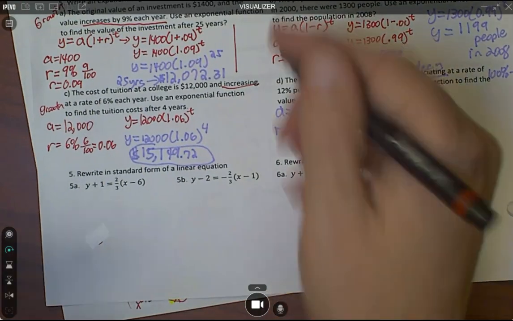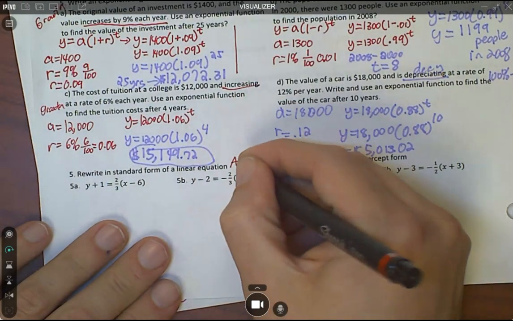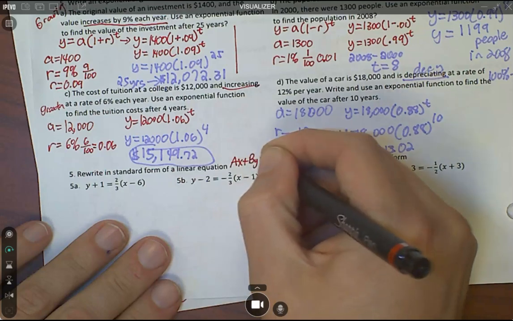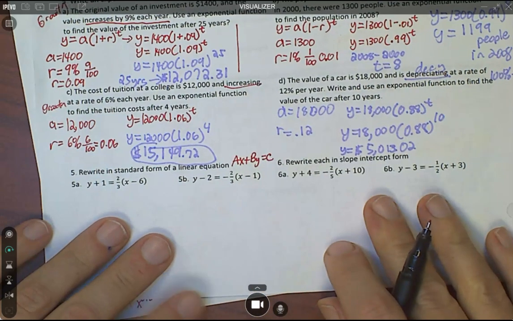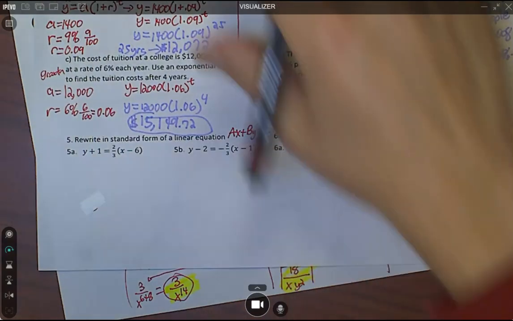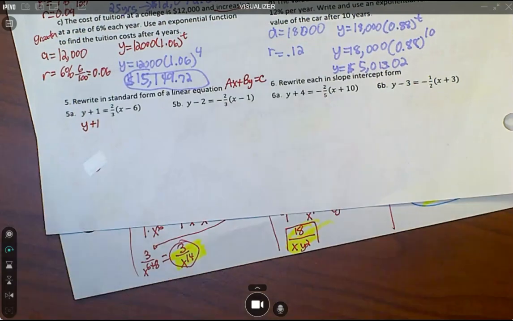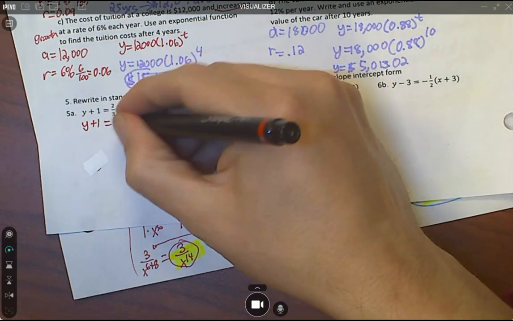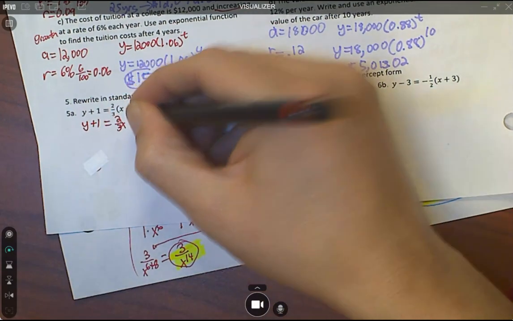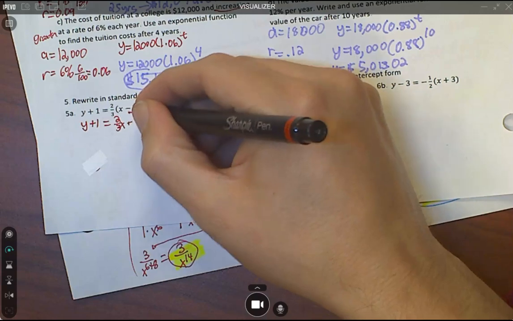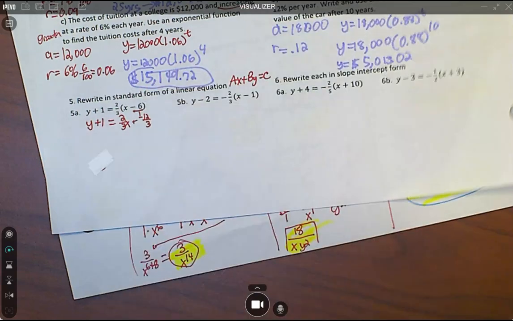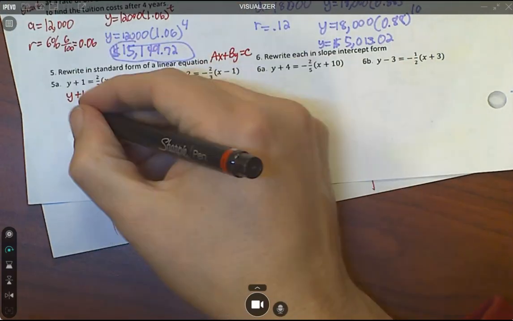What is standard form, you ask yourself? Ax plus By equals C. You still distribute that across. Negative 12 over 30.